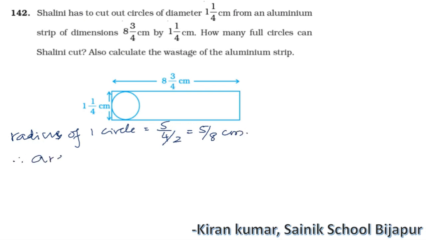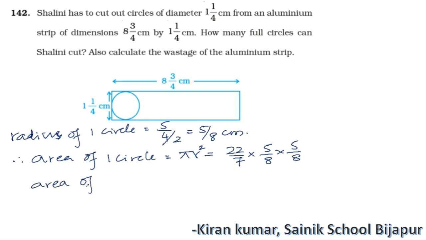Therefore, area of one circle is pi r square. This is a formula for area of circle. So pi value is taken as 22 by 7 for calculation reasons. 5 by 8 is a radius and one more radius has to be multiplied. This is for a circle. Now there are 7 circles.